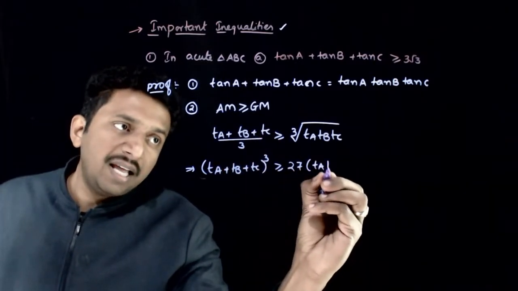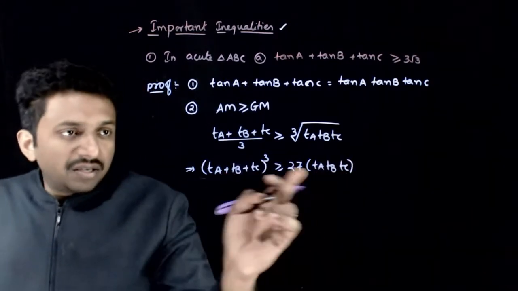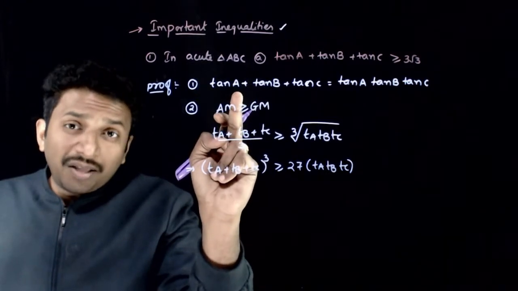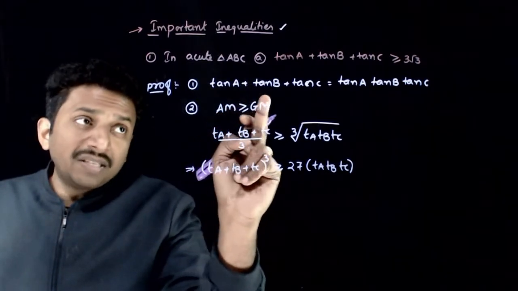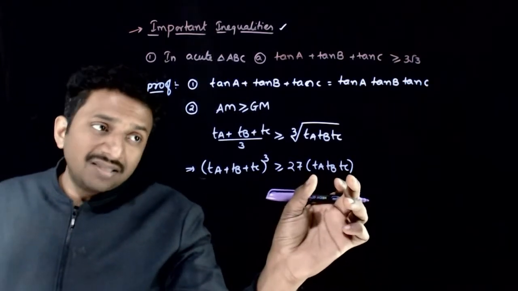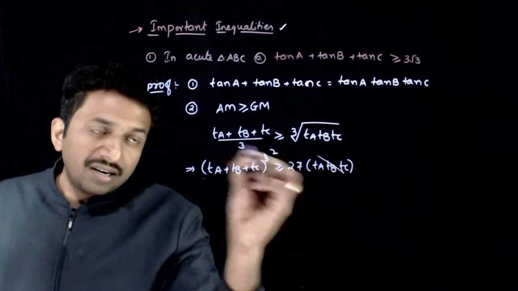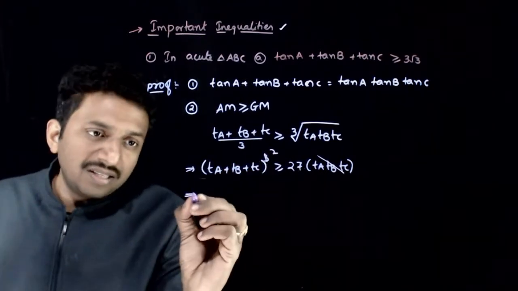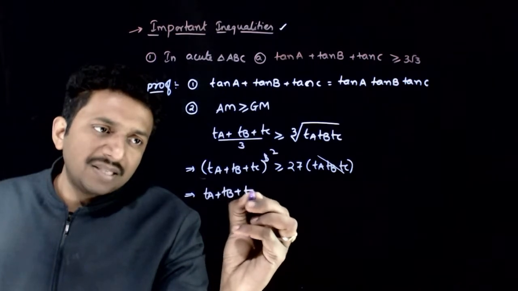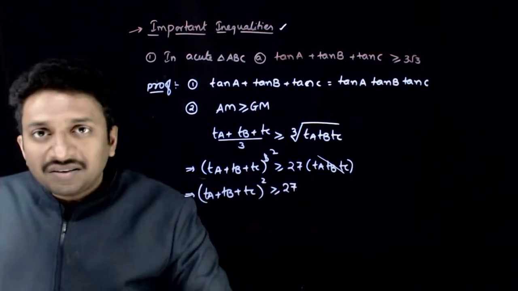So you get tan A, tan B, tan C. Now from the result in the conditional identities, tan A plus tan B plus tan C is exactly the same as this, so tan A, tan B, tan C can be written as tan A plus tan B plus tan C. So one of these will get cancelled out. This implies (tan A plus tan B plus tan C) whole square is greater than or equal to 27.